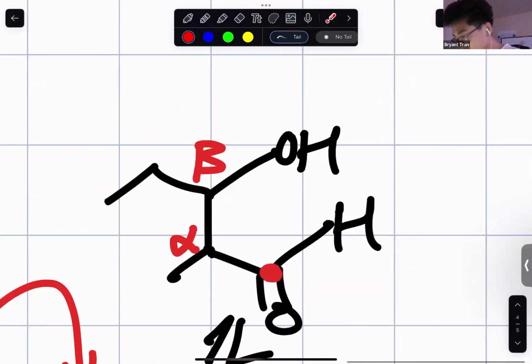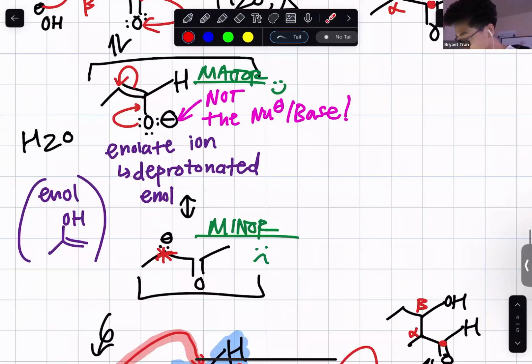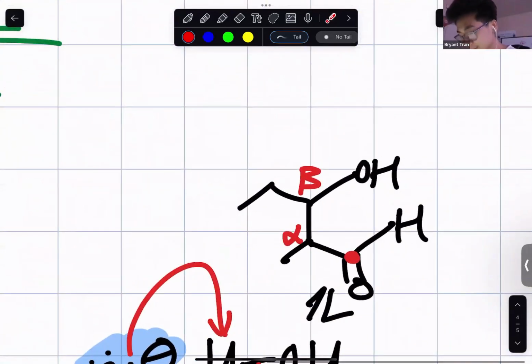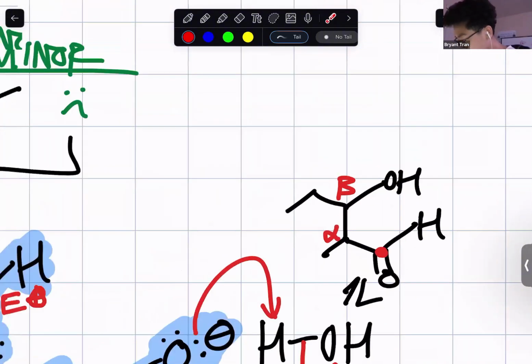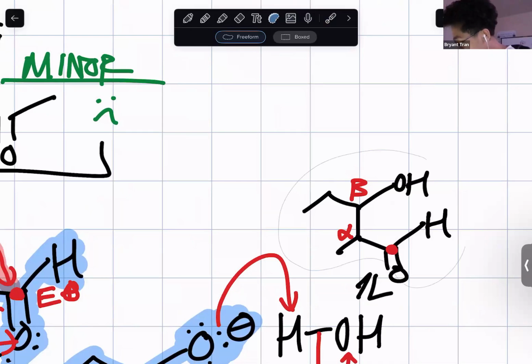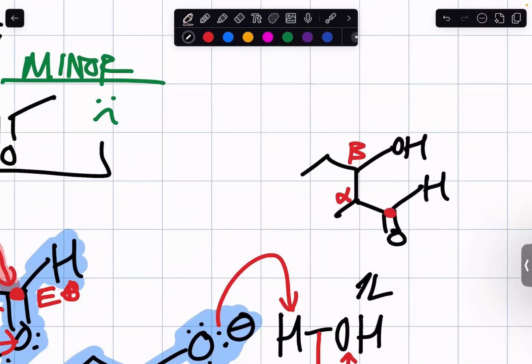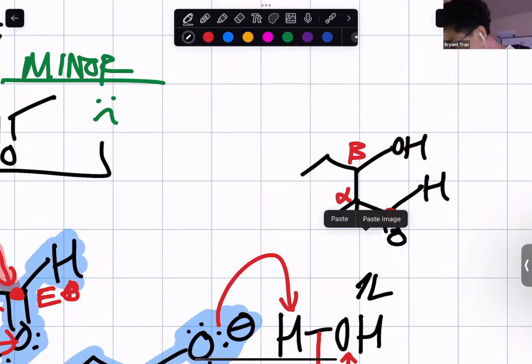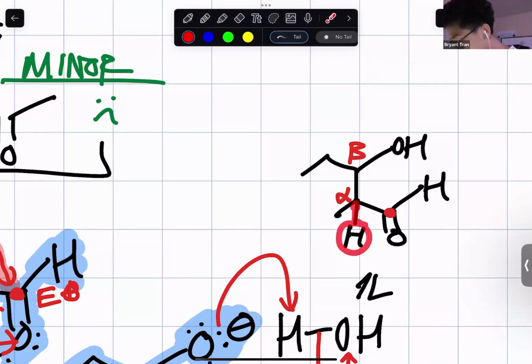Now let's move on with the mechanism here. Because we have heat, we're going to do the irreversible step now. This point here of the mechanism is our irreversible step. Now this last step here is kind of like a boomerang. I'm going to draw out the alpha hydrogen; for this mechanism, that's the alpha hydrogen right there.